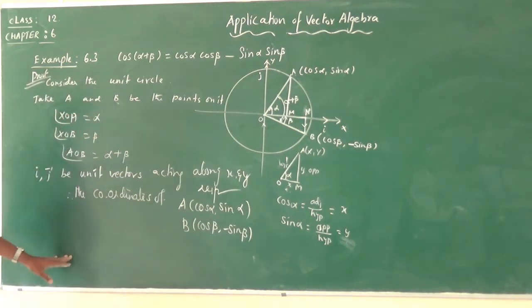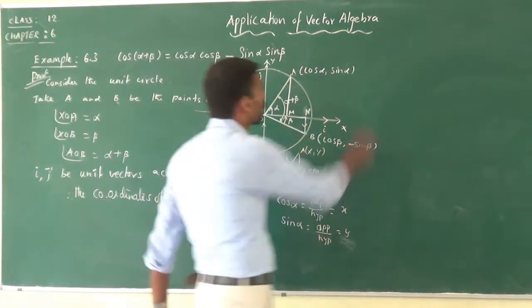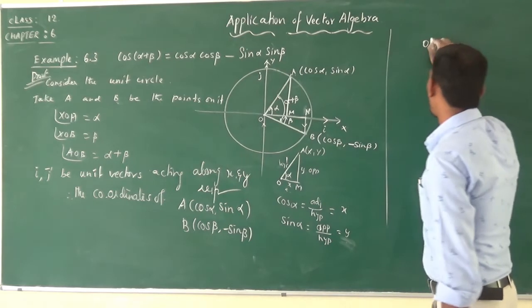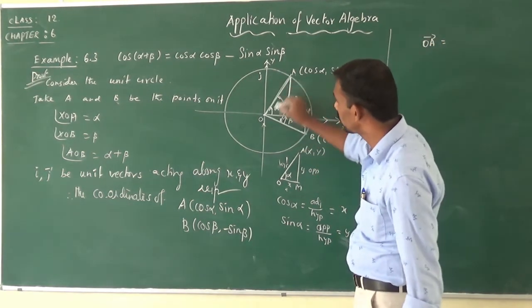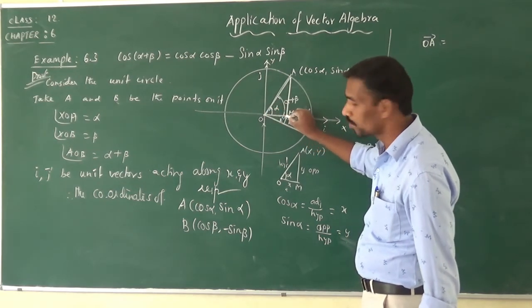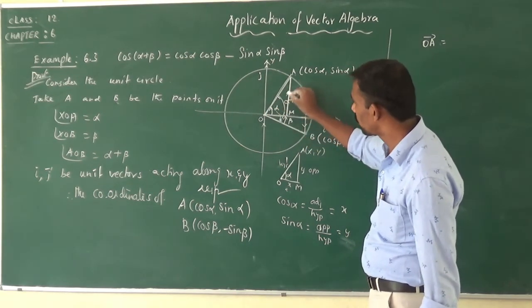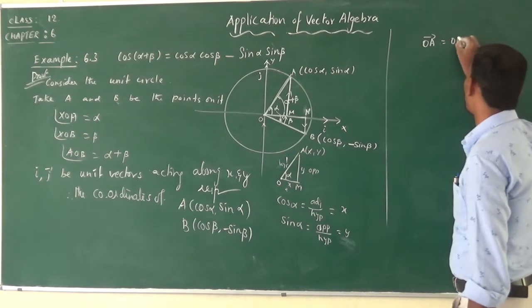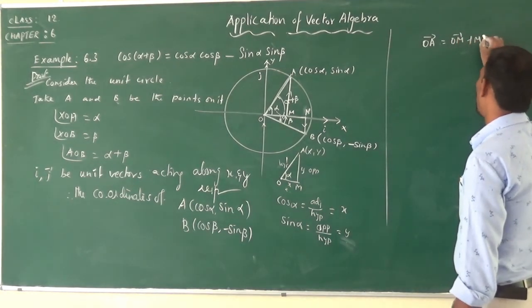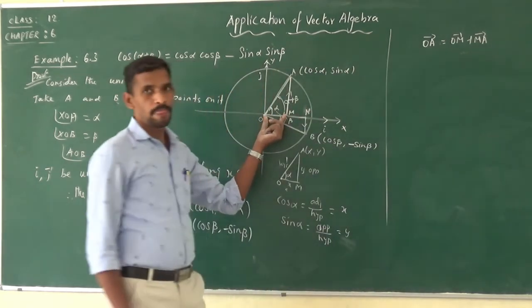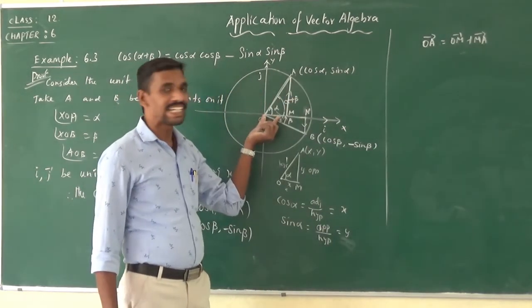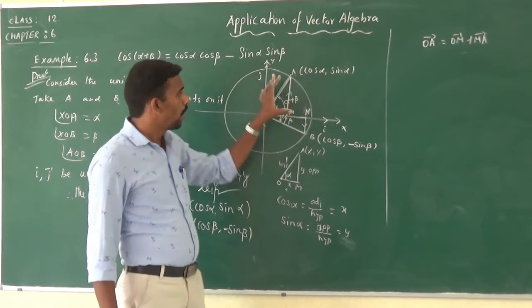So now we are going to represent the OA vector. I want to go to the OM vector first, then further the MA vector. So OA vector is OM vector plus MA vector. OM is horizontal, horizontal means x, and x is cos alpha.